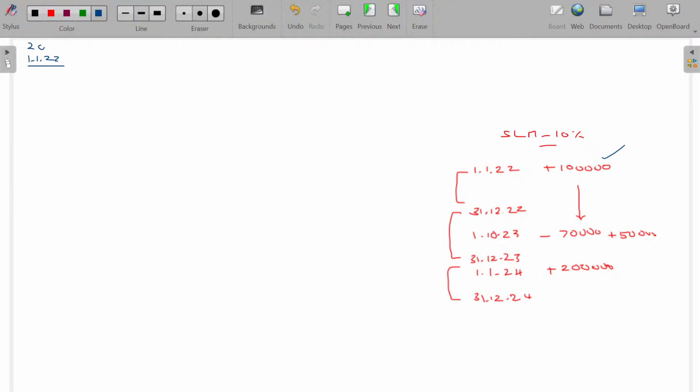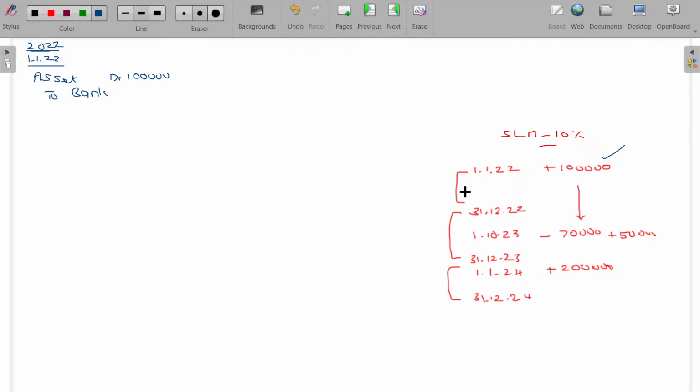So year 2022: on day 1 we purchased one asset. Purchases of asset account debit to bank. The amount paid here being 1 lakh.